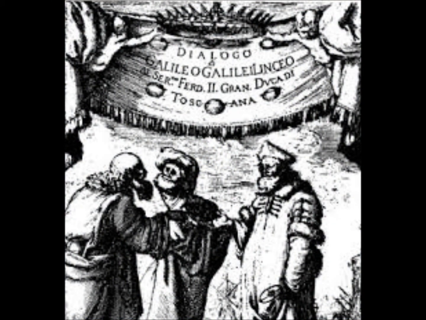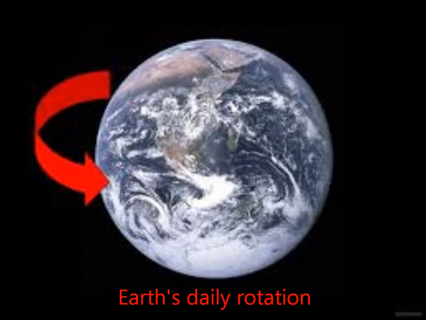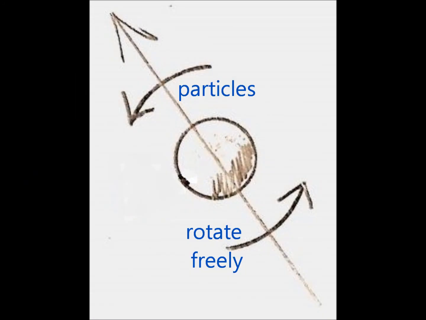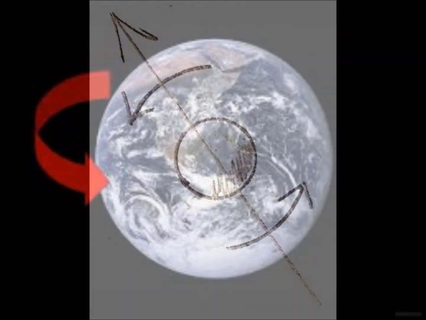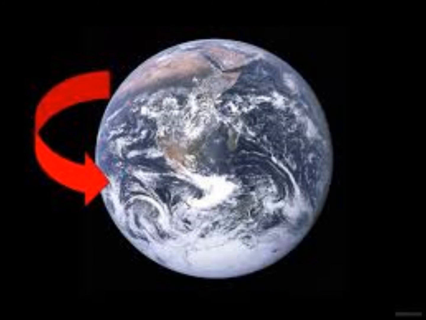The Earth's axial rotation can be explained in the same way. Individual particles of the Earth have underlying rectilinear motions, but each particle rotates freely so as to carry and turn the direction of its momentum with the Earth's rotation. The Earth's rotation then puts an imbalance of momentum upon everything within the Earth itself, while the imbalance of momentum creates a twisting force.